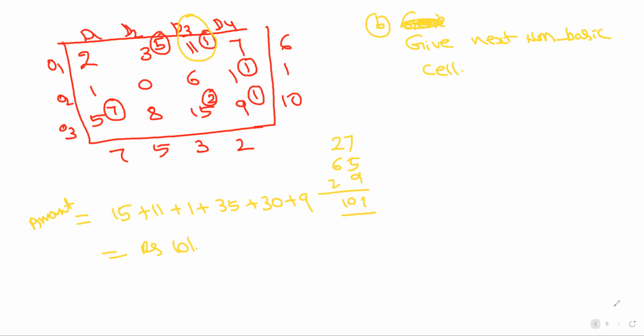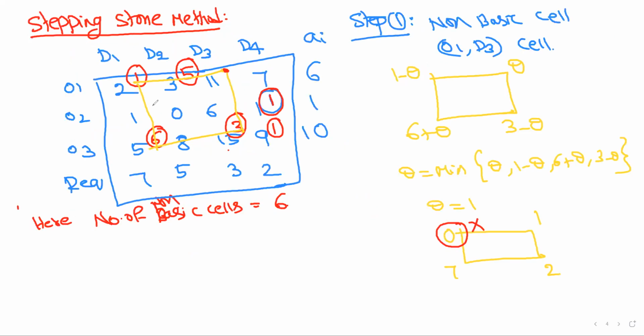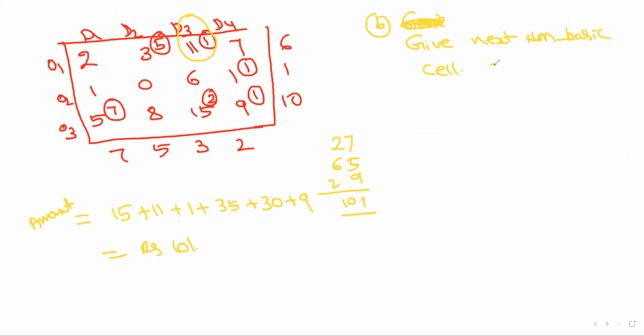What is the next non-basic cell in the main table here? This is one. Next non-basic cell is O1 D3, that is over. O1 D4.